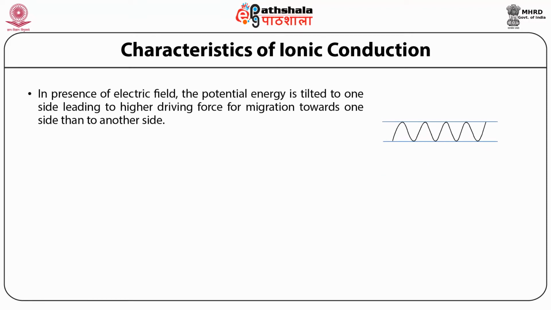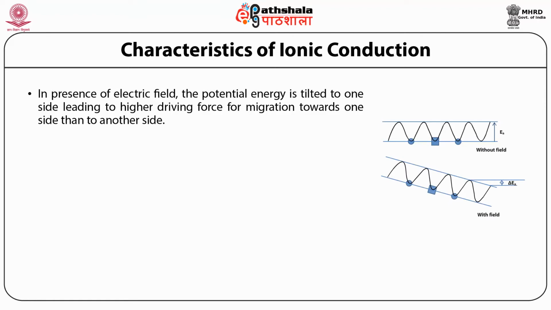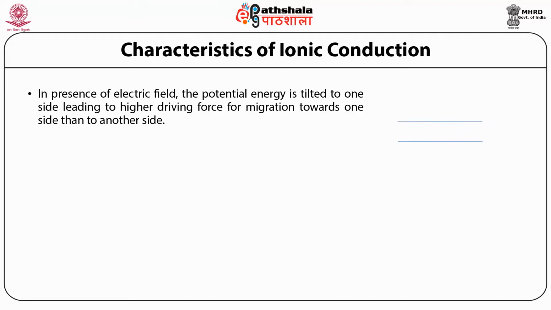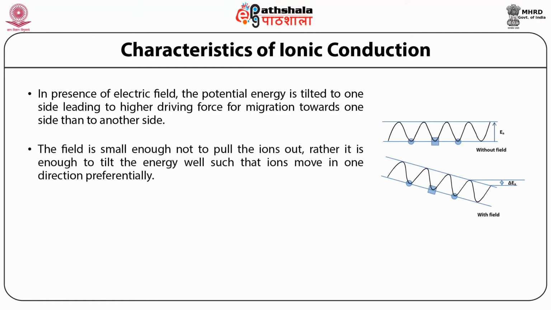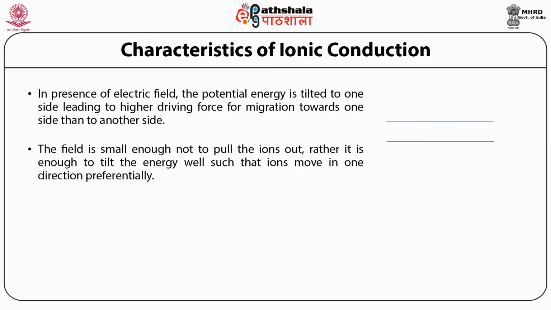In presence of an electric field, the potential energy is tilted to one side, leading to a higher driving force for migration towards one side than the other. The field is small enough not to pull the ions out; rather, it is enough to tilt the energy level such that ions move in one direction preferentially.